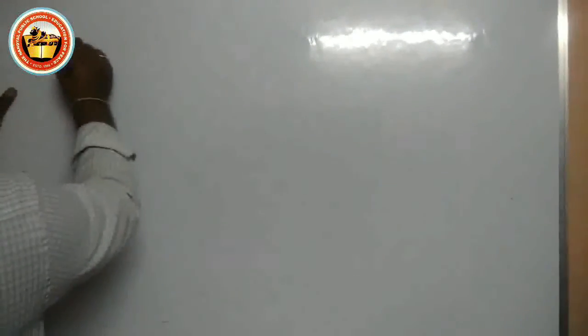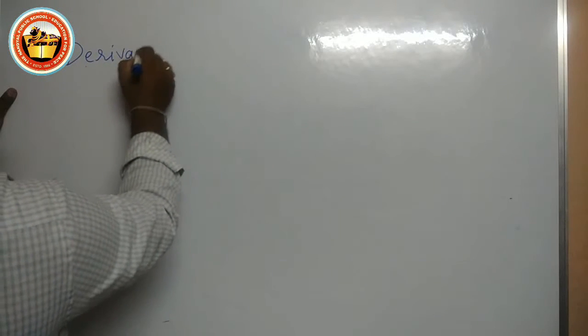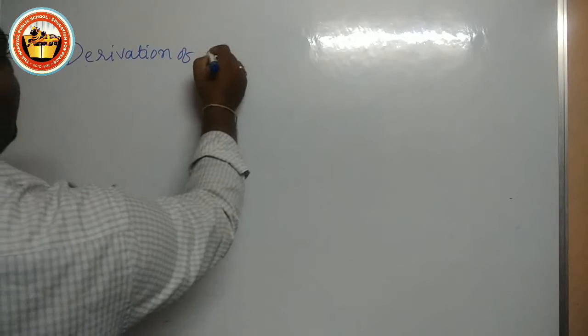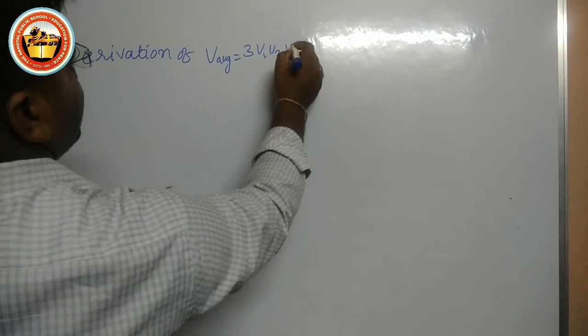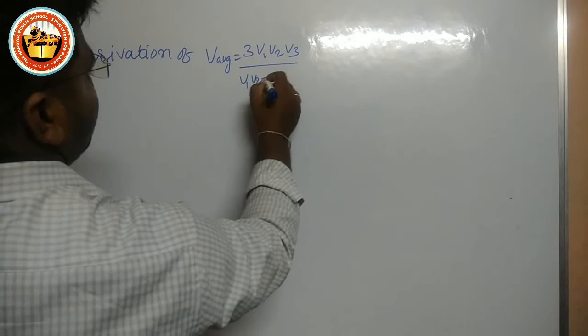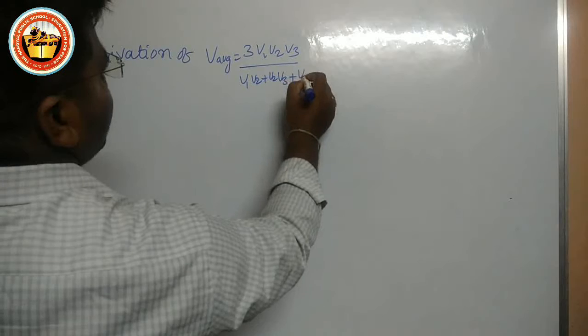In this session, we will discuss the average speed and average velocity of three different velocities, and the derivation of average velocity or average speed: 3 v1 v2 v3 divided by v1 v2 plus v2 v3 plus v3 v1.